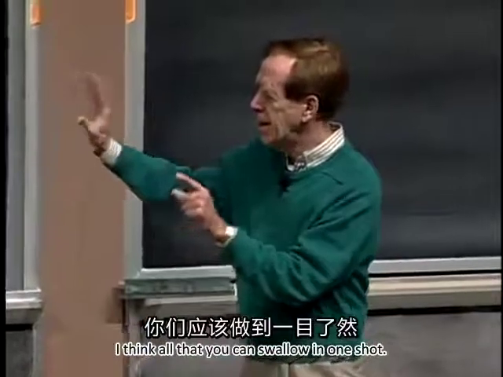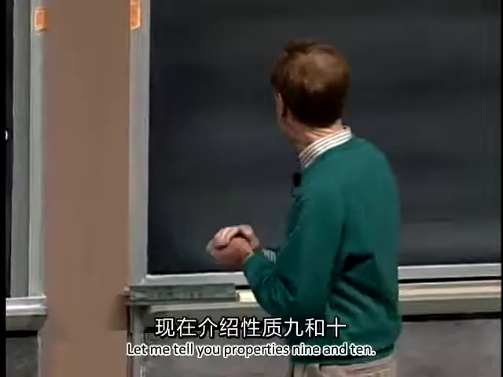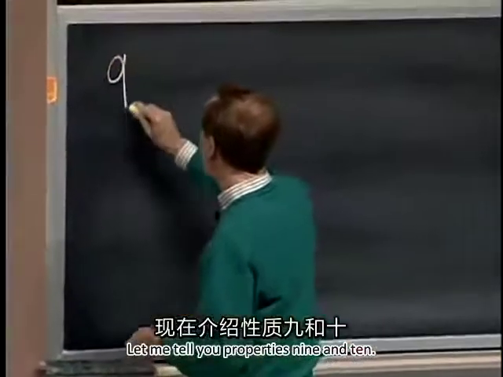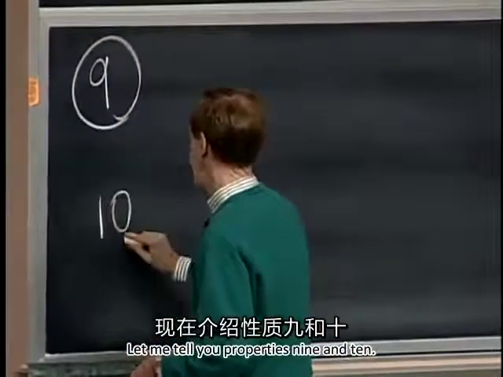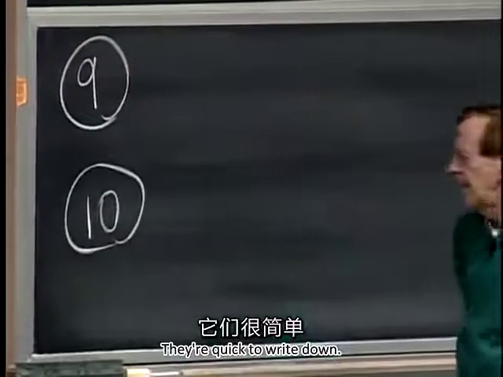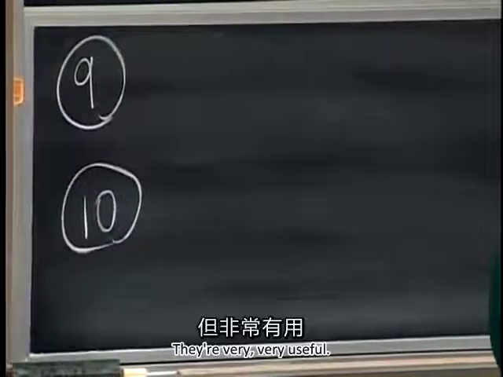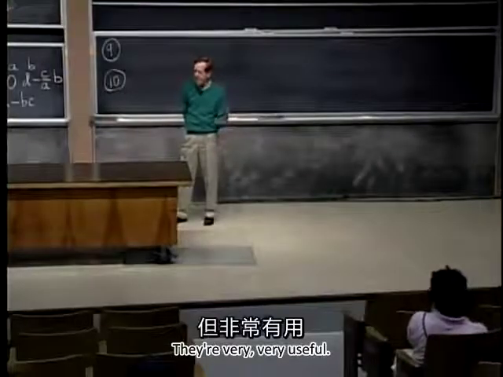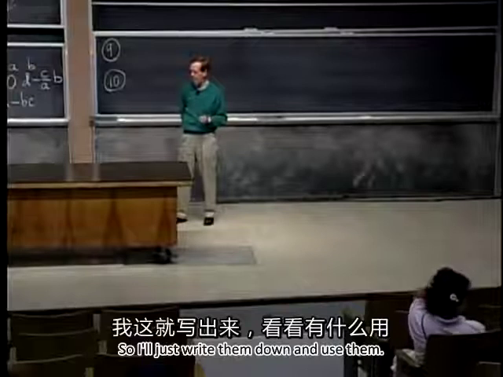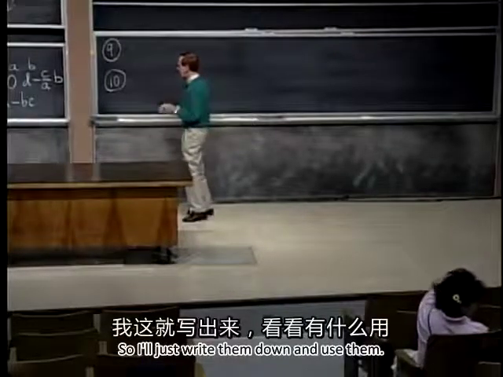I think all that you can swallow in one shot. Let me tell you properties 9 and 10. They're quick to write down. They're very, very useful. So I'll just write them down and use them.